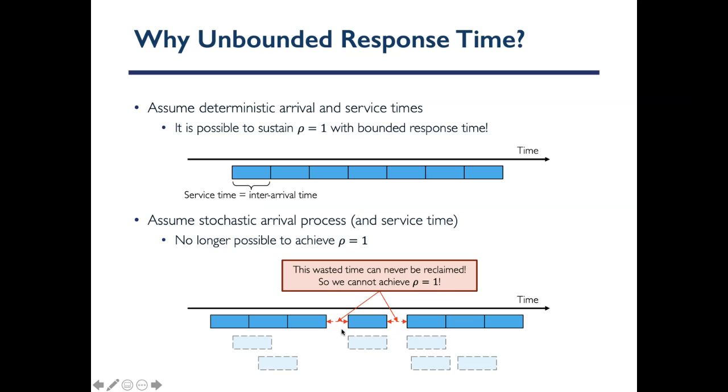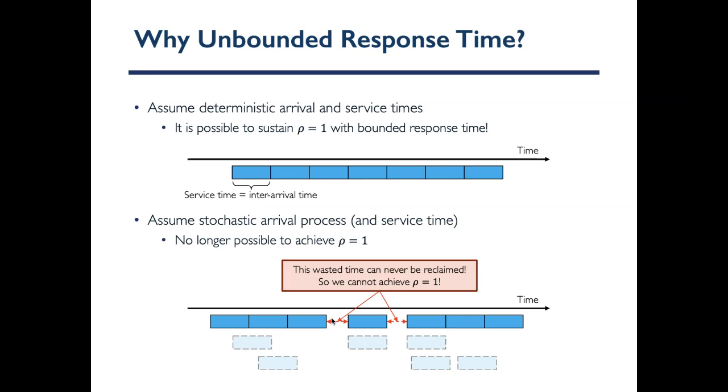So now if your utilization is 1, your arrivals won't care about this. You're going to get this compensated in the future with another arrival, but then you have already spent this time not doing anything, which you can't make up for.